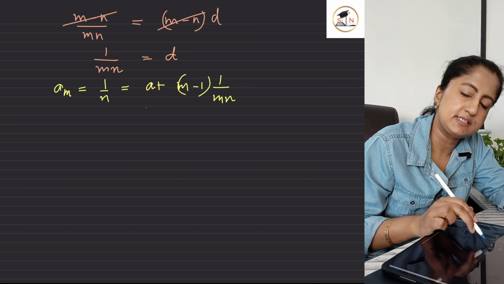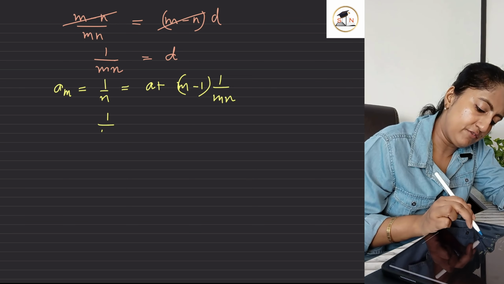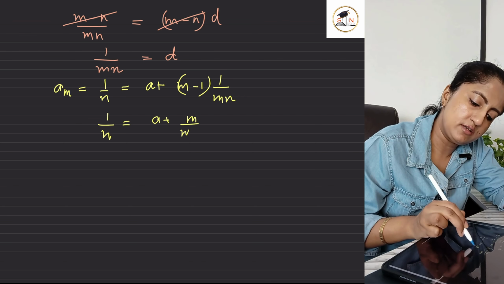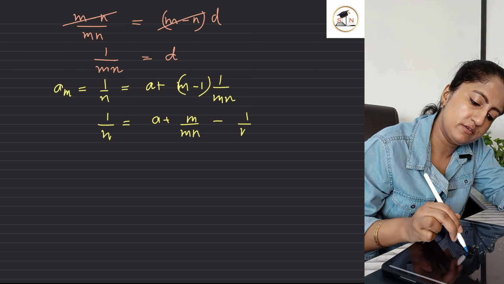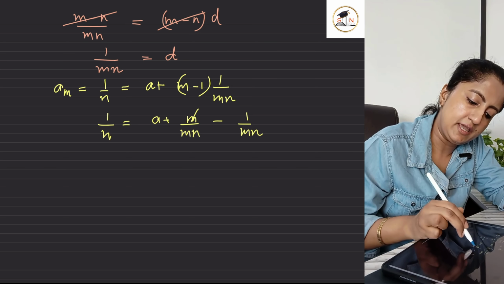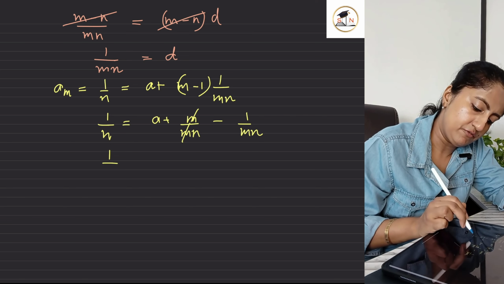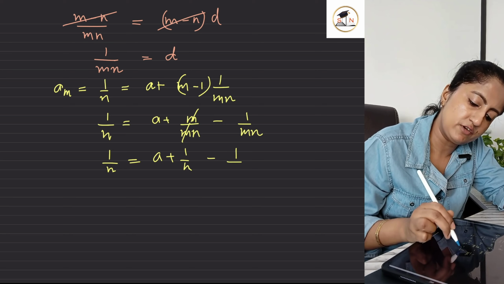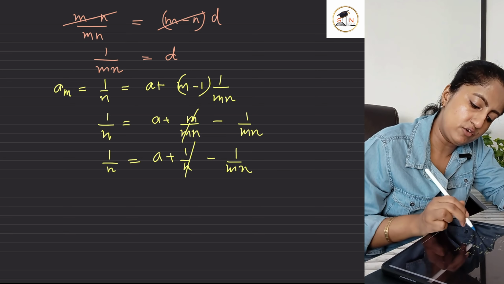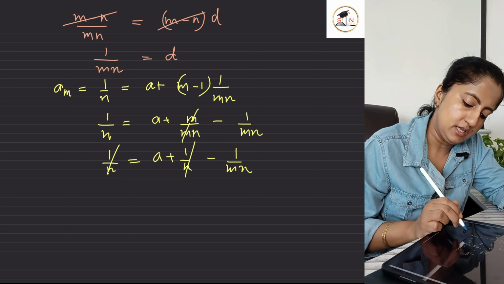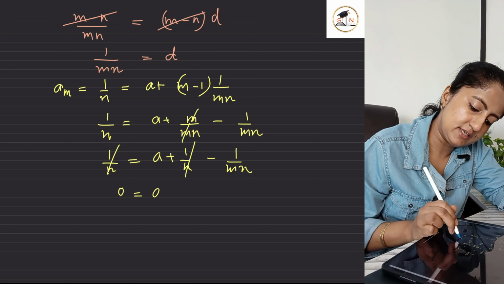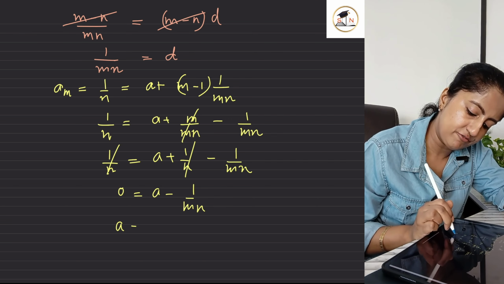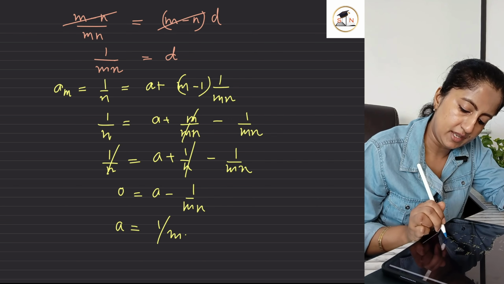So we will simplify this to get the value of a. 1 over n equals a plus m over mn minus 1 over mn. m and m got cancelled over here. 1 over n equals a plus 1 over n minus 1 over mn. Now 1 over n again got cancelled. We are left with 0 equals a minus 1 over mn. That means we have got the value of a as 1 over mn.